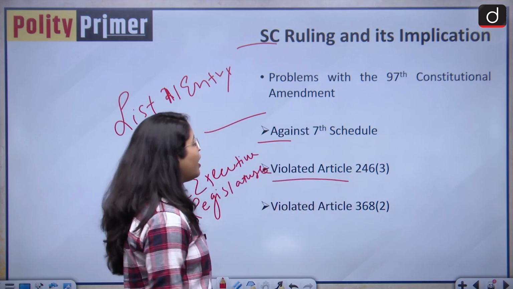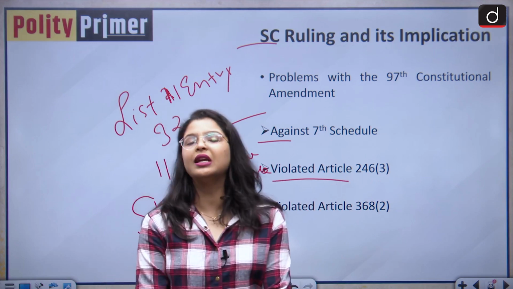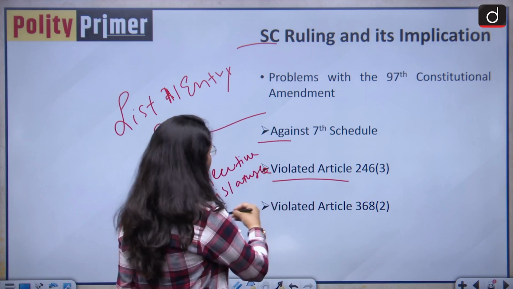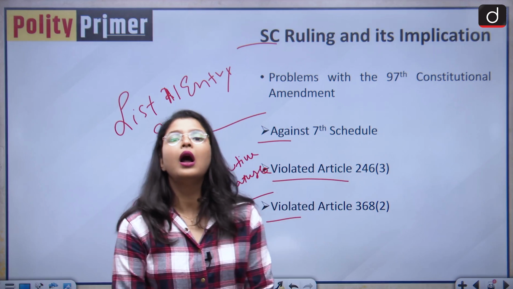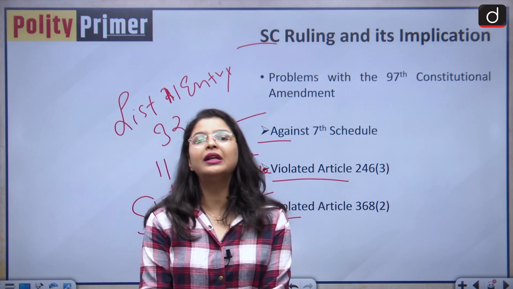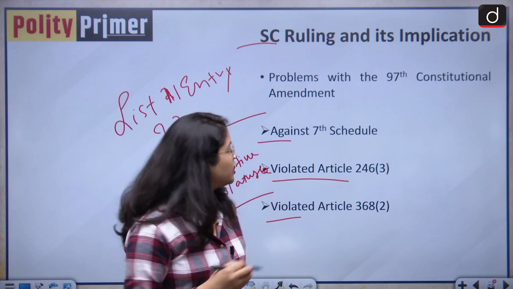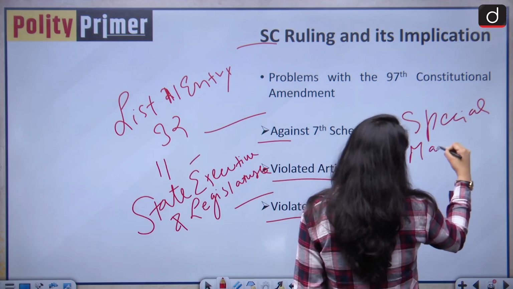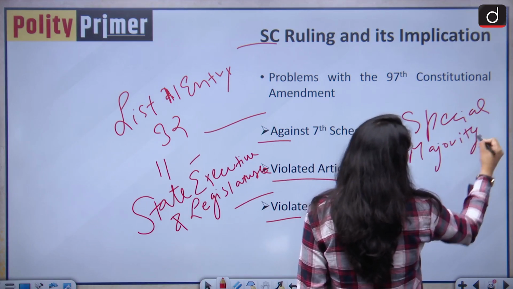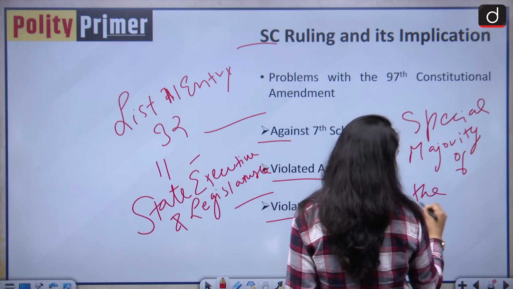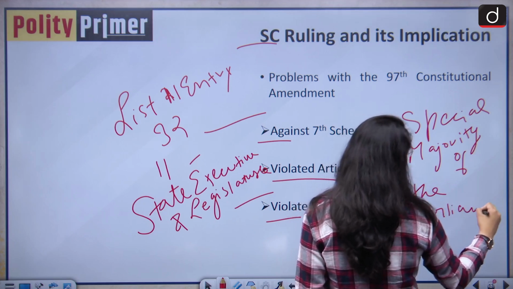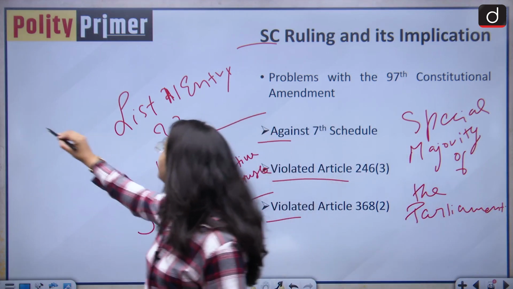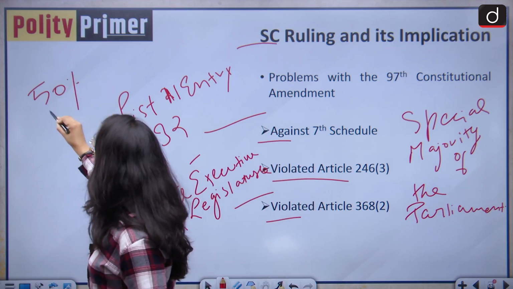Then it also violated Article 246 Clause 3 because again it curtailed the legislative powers of the state. Then it also violated Article 368 Clause 2, because for bringing any kind of amendment in the 7th Schedule, you need a special majority of the Parliament, and it should also be ratified by 50% of the states.